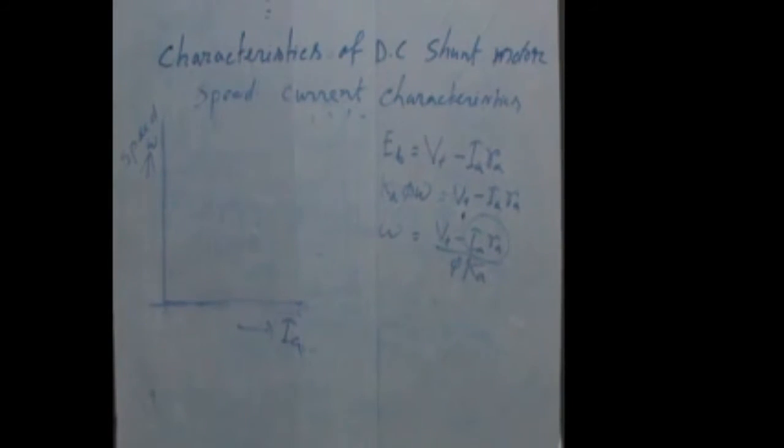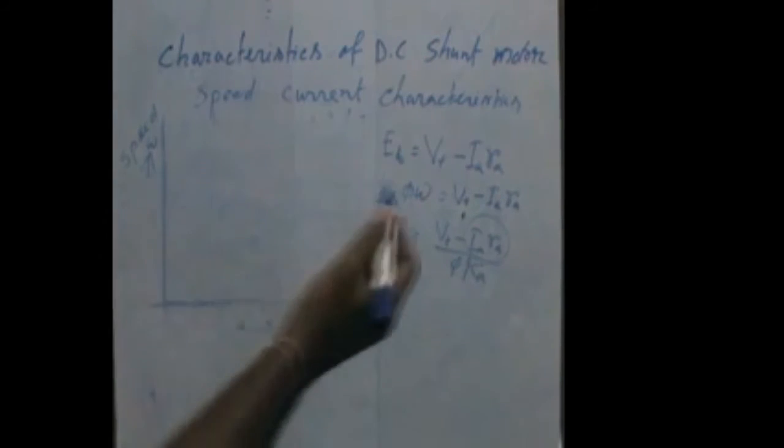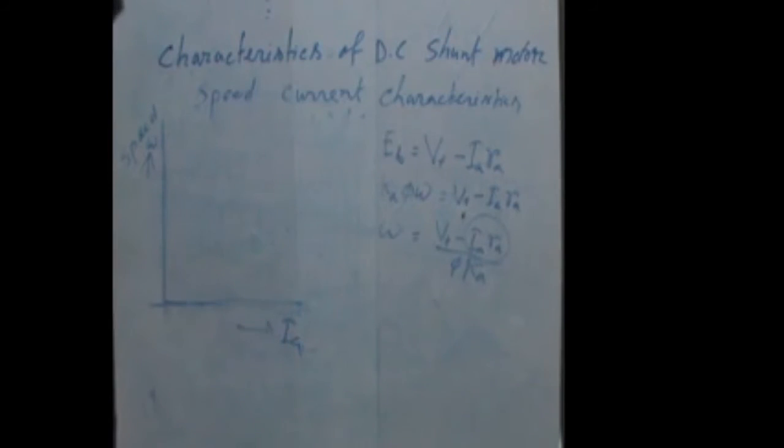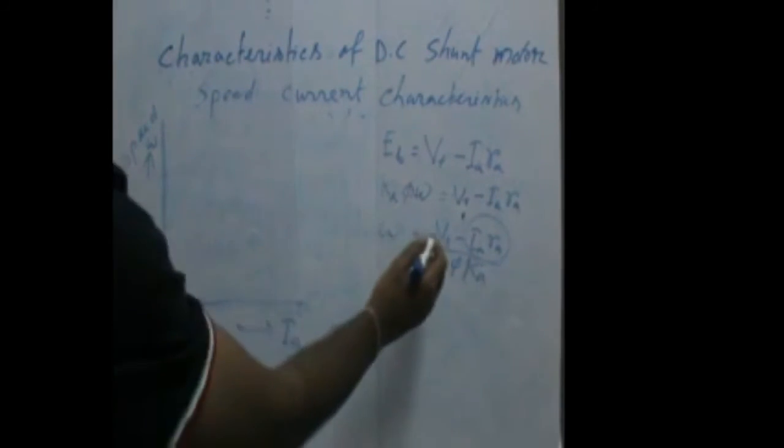Initially the machine is running at no load. At no load, the armature current of the machine is very small, negligible. So the Ia Ra drop is negligible compared to Vt, the terminal voltage.